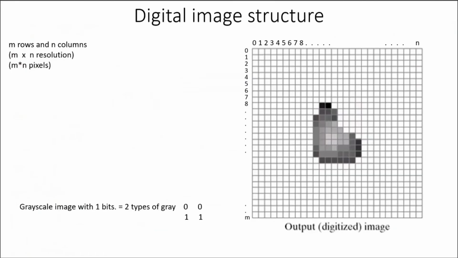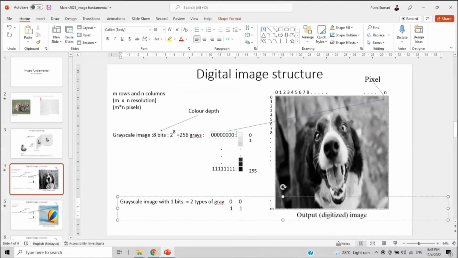Sorry, just one question. Can you go back to the previous slide? I mean, when the grayscale value 255 means white color, according to the slide it is black. Is it the other way around? Yes, zero is black.